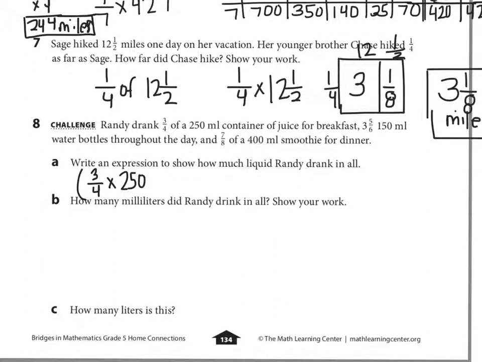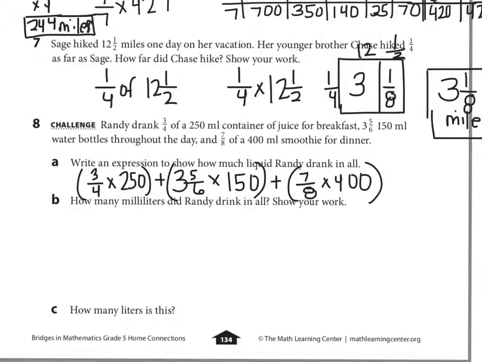So 3/4 times 250. 3 and 5/6 times 150 milliliters plus 7/8 of a 400 milliliter smoothie for dinner.